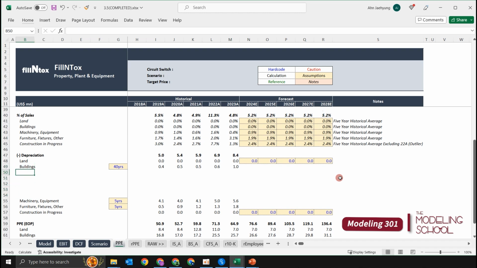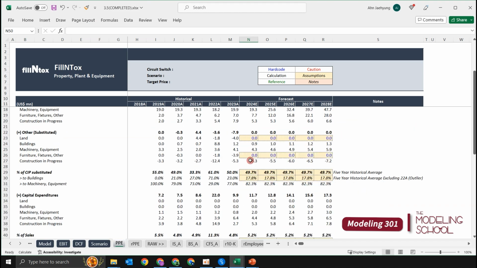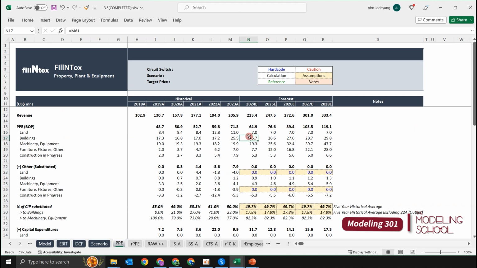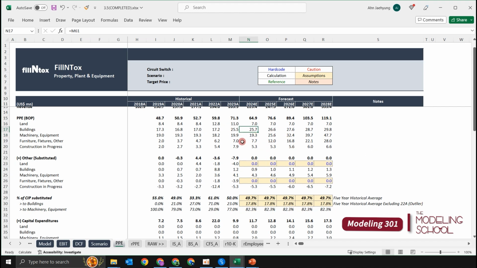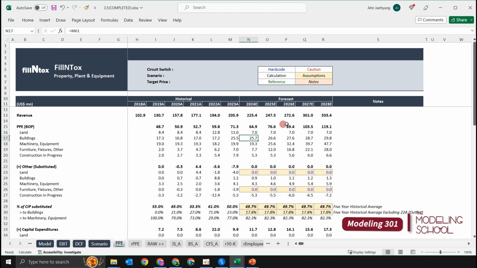What we're going to do is forecast depreciation for existing PPE. So this line would be for depreciation for the beginning of period balance that has already been existing for 2024.